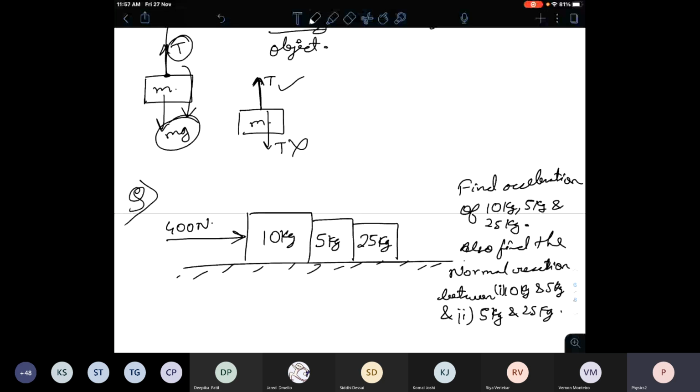10, 100 and 150. 10 is correct. 100 and 150, just check once again. I am getting 300 and something. Okay, acceleration is correct. Normal reactions are not correct.